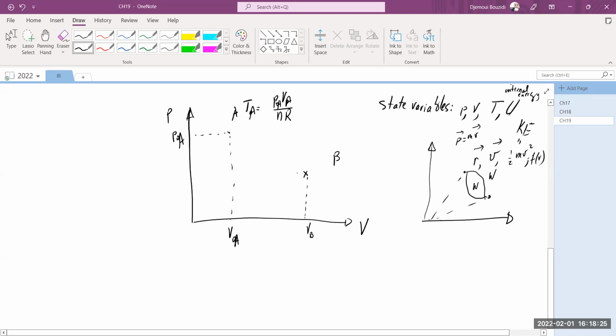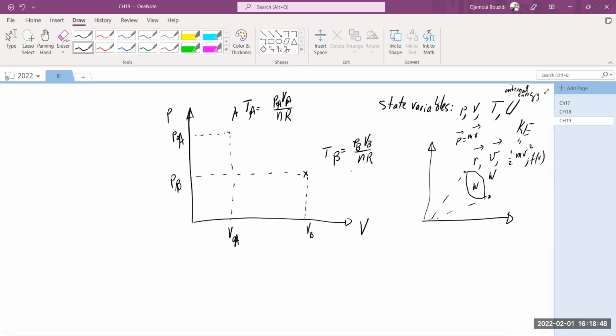So I'm going to a different point in the PV diagram with different pressure and different volume that may not be the same. The temperature also may be different, which in this case is going to be PB VB over NR. So this is basically the essence for chapter 19.